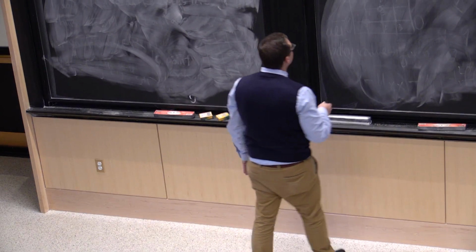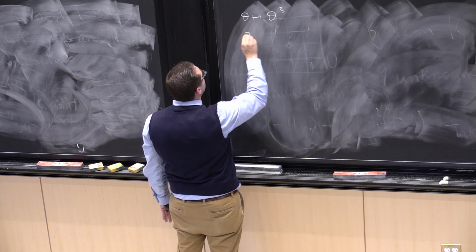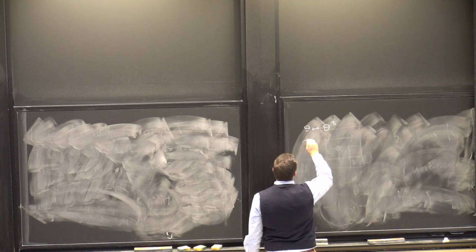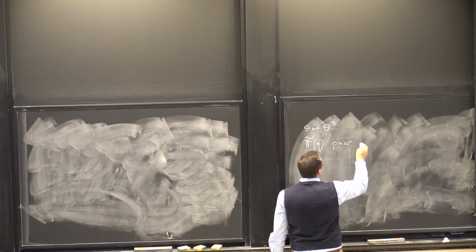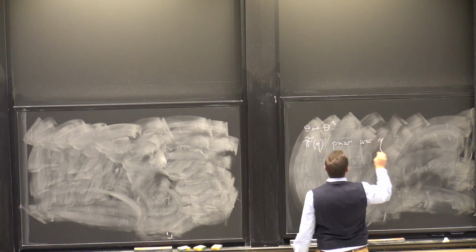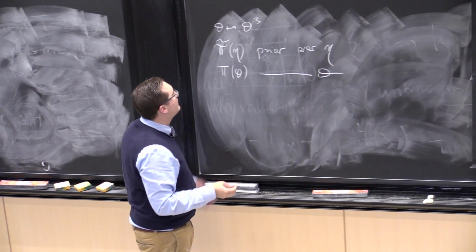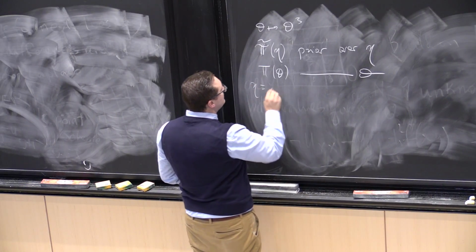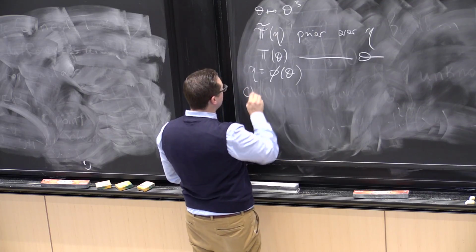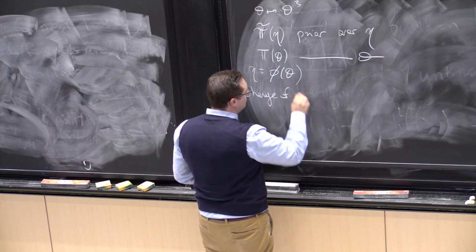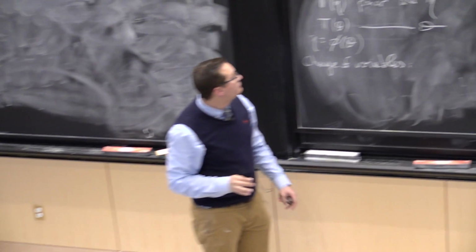So it's essentially telling you that if you call pi tilde of eta the prior over eta, and you have pi of theta as the prior over theta, then since eta is of the form phi of theta, just by change of variable, that's essentially a probability result.